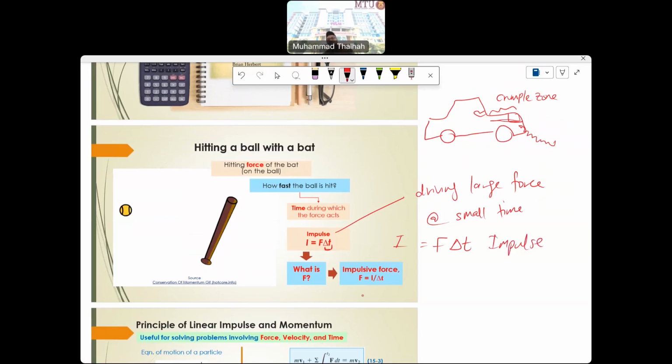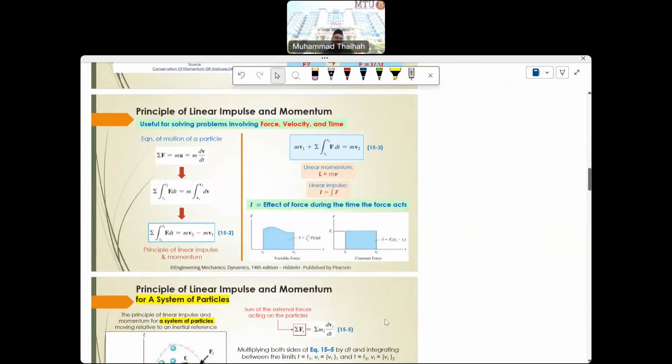How do we derive impulse? It's basically your F equals ma. Your F equals ma is basically everything that you need to deal with in kinetics of particle. If you look here, F equals ma, a can be decomposed into dv over dt, because from your kinematics, a equals dv over dt.